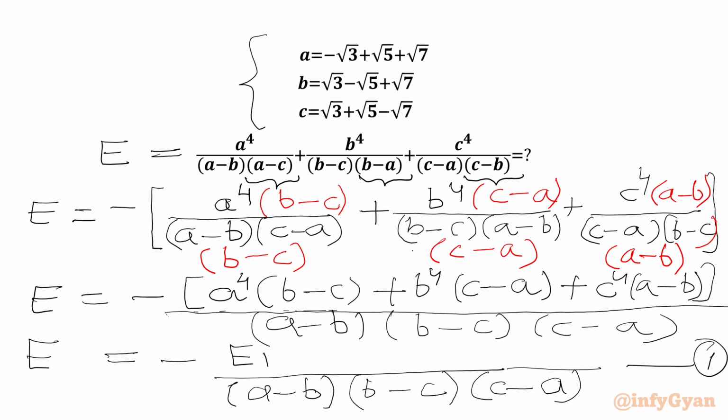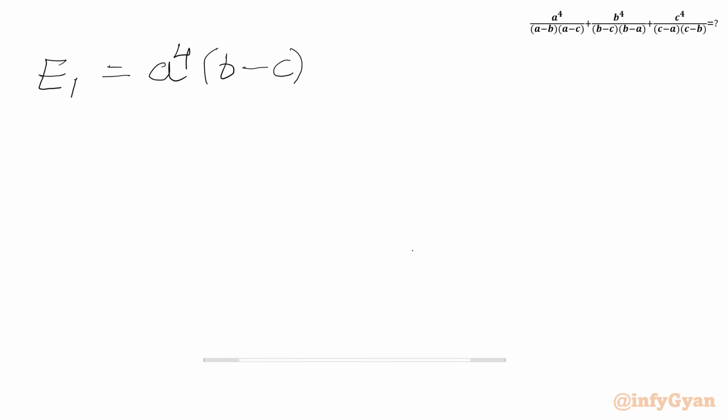Let's rewrite E1 separately: E1 equal to A power 4 times B minus C plus B power 4 times C minus A plus C power 4 times A minus B.